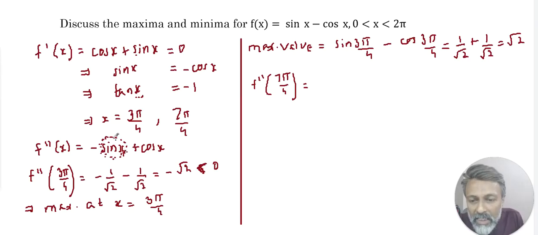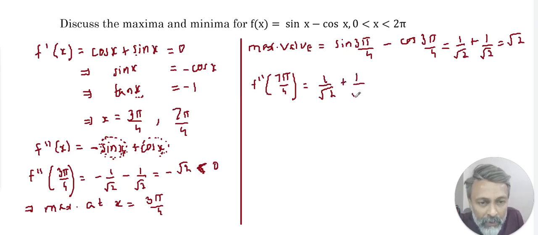Sine therefore will yield a negative 1 by root 2, with the existing minus outside will give you 1 by root 2. While cos 7 pi by 4, being a fourth quadrant angle, will yield a positive answer. 1 by root 2 plus 1 by root 2 is equal to root 2. This is greater than 0.